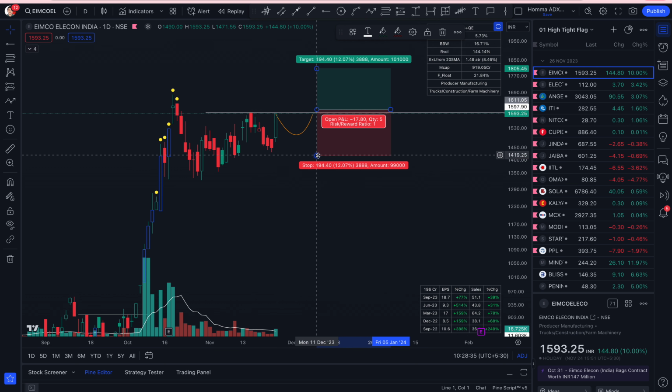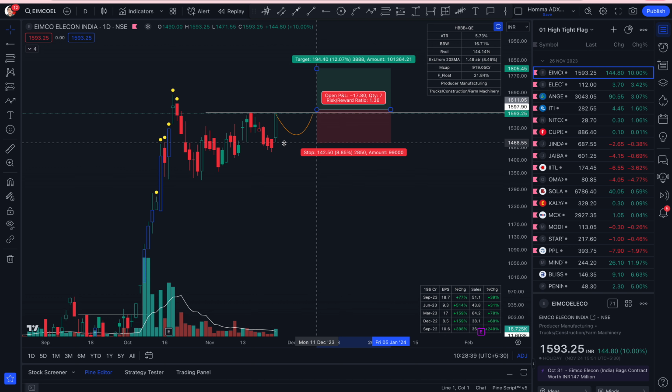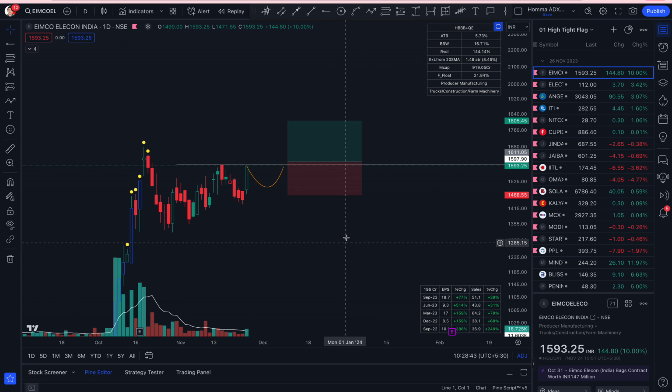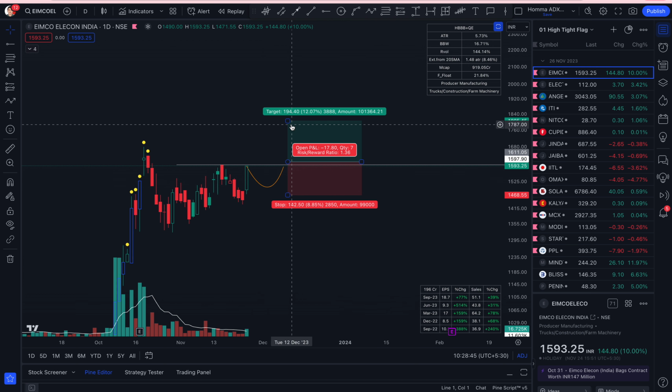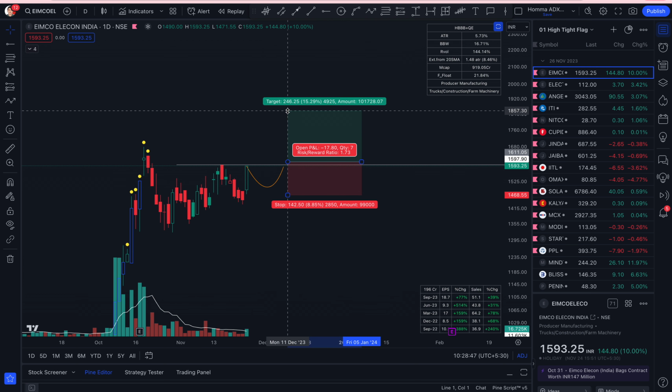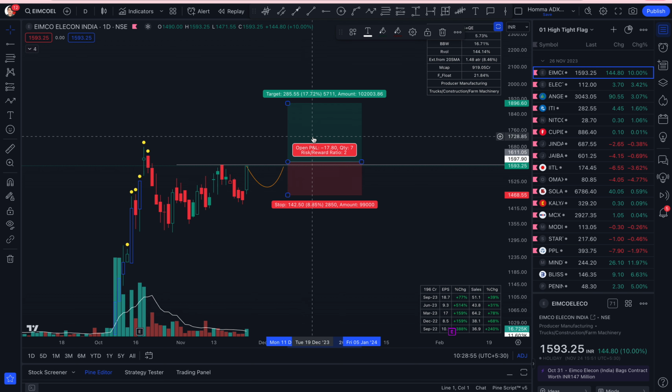And let's say it got triggered and my stop loss is below this, which is 1470.35, right? So now my first sell would be at about 1896. Why? Because that is twice my risk, right?